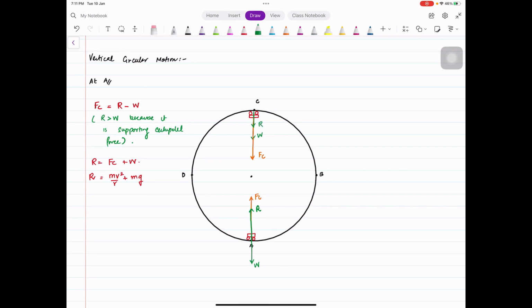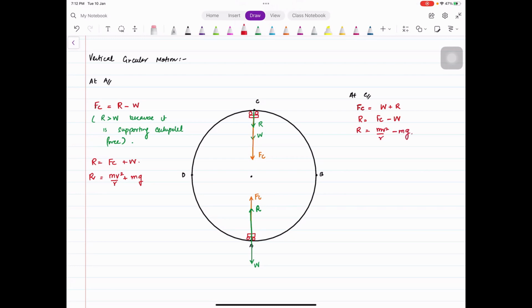So at C, Fc, the centripetal force, should be equal to W plus R, because both of them are acting at the same point. Is that clear, everyone? Yes, sir. So if I need to find R, then it's going to be Fc minus W, and R can be found as mv squared over R minus mg.